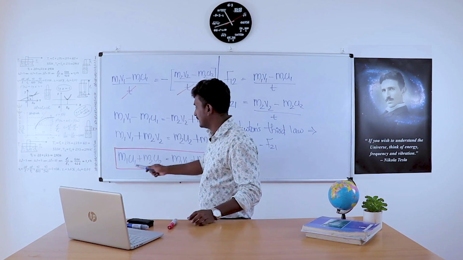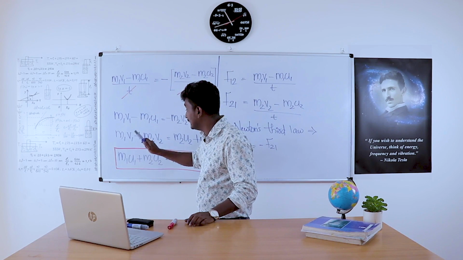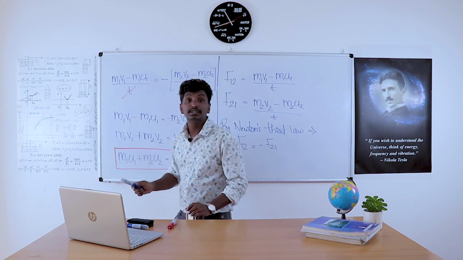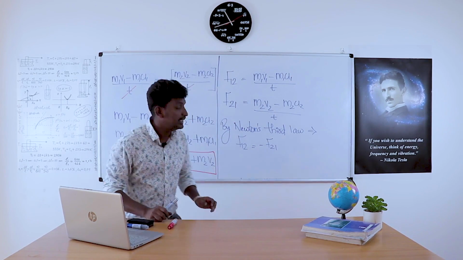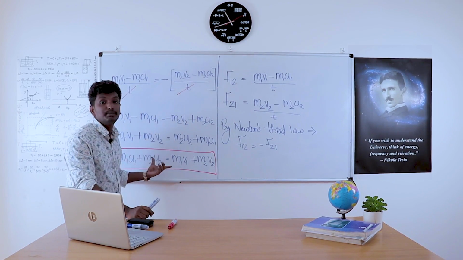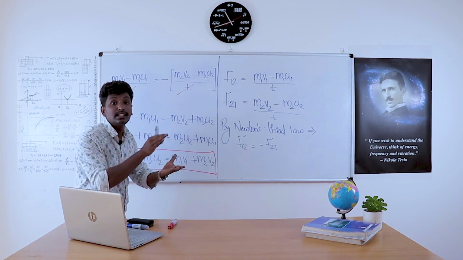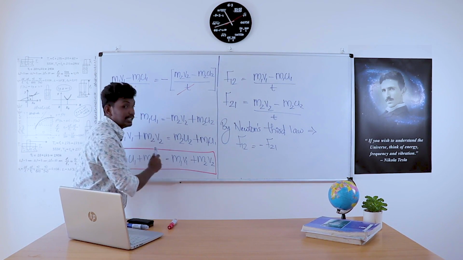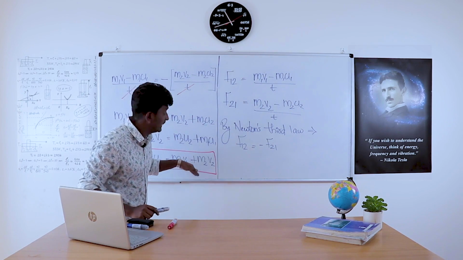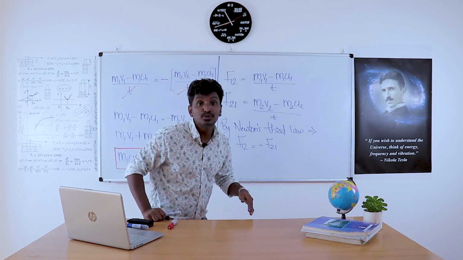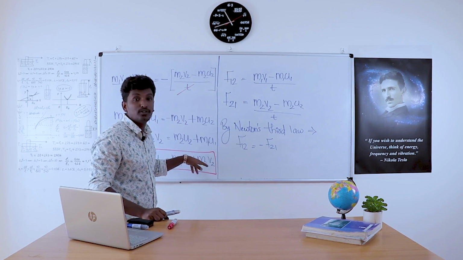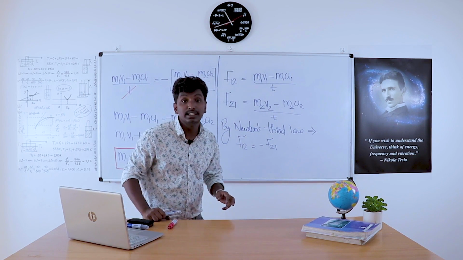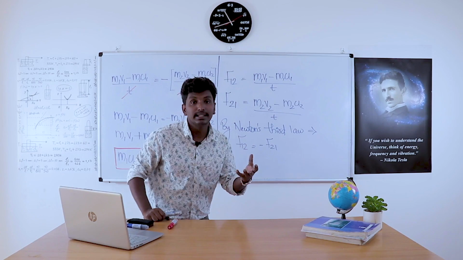What is this? m1 u1 is the initial momentum of A. m2 u2 is the initial momentum of B. Then m1 u1 plus m2 u2 gives the total initial momentum. m1 v1 is the final momentum of A and m2 v2 is the final momentum of B. Then m1 v1 plus m2 v2 gives the total final momentum.